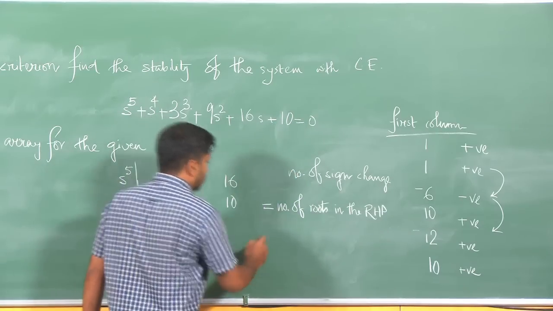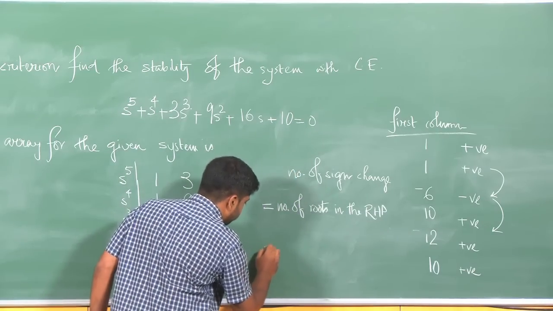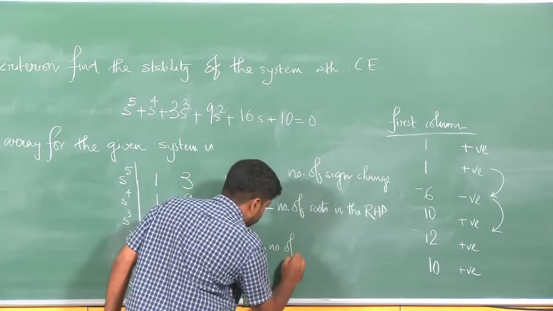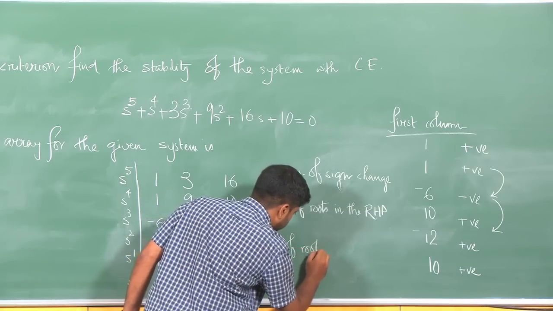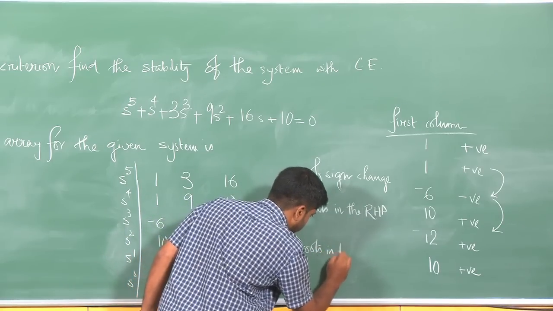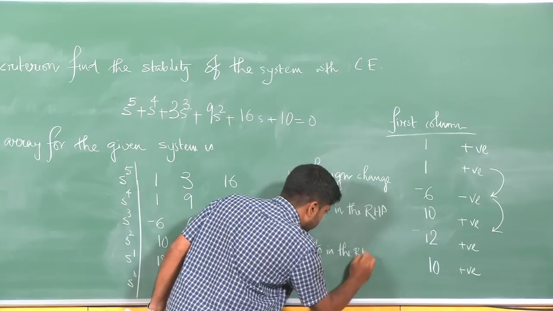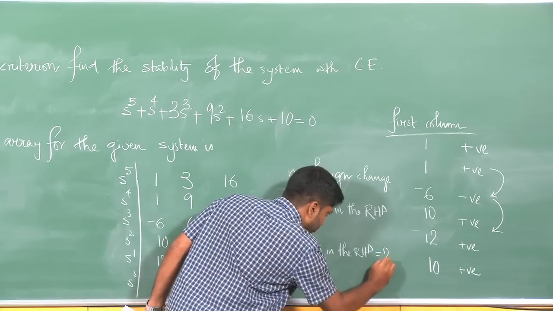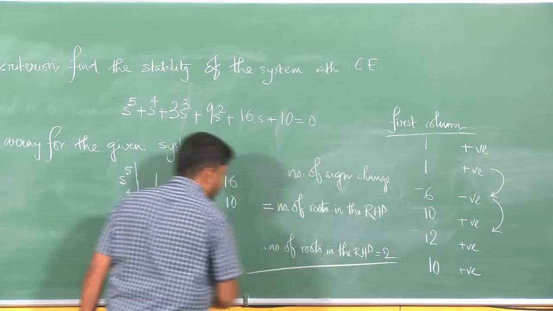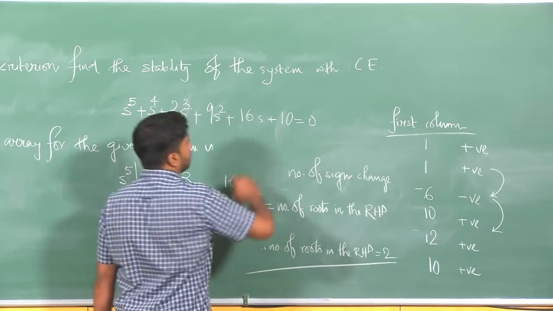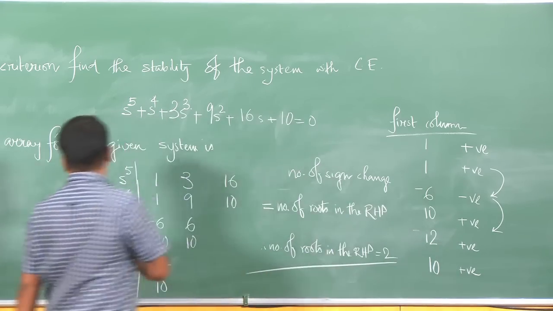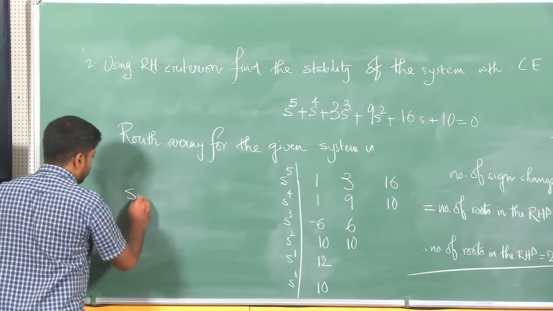Therefore, the number of right half plane roots is 2, and the system is unstable.